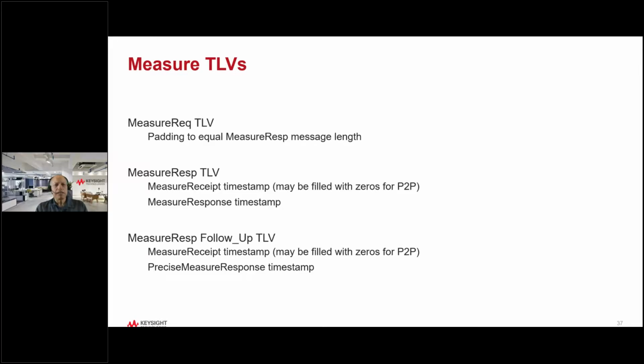The measurement response TLV contains the measure receipt timestamp as well as the measurement response timestamp, and the measurement response follow-up message contains the measurement receipt timestamps and the precise measure response times. Again, that's if two steps is used. If one step is used, this information is in the measurement response TLV.